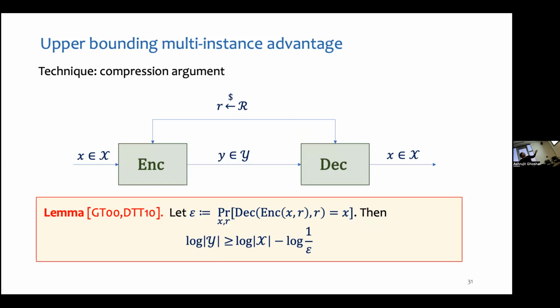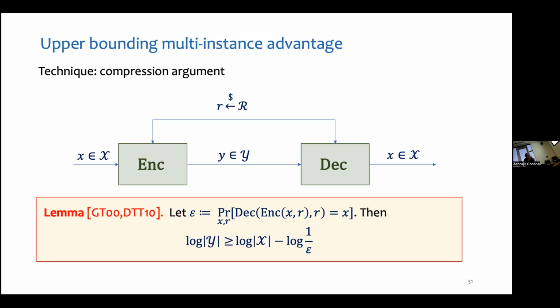So here, just to spell it out a little bit more, suppose there's some set X and there's some encoding algorithm that takes a value from the set X and spits out a value in some set Y, and there's a decoding algorithm which decodes the value from set Y to set X, and the encoding and the decoding algorithm share some common randomness.